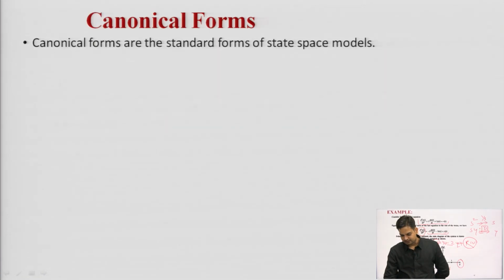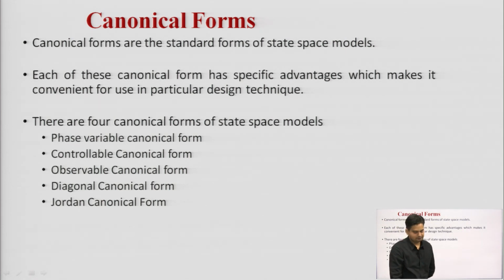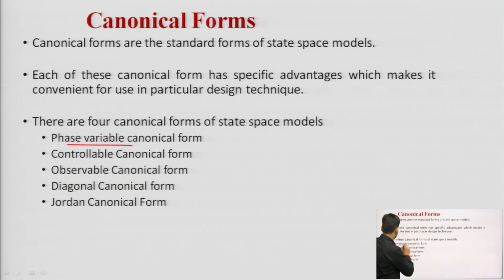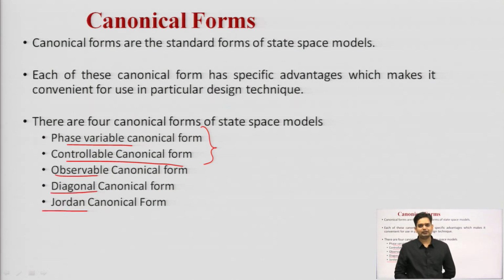So, it has various types, one is the phase variable canonical form, second is controllable canonical form, both are basically equivalent. Next is observable, diagonal and Jordan canonical form. So, these are the various methods that we will use to represent a state space model.